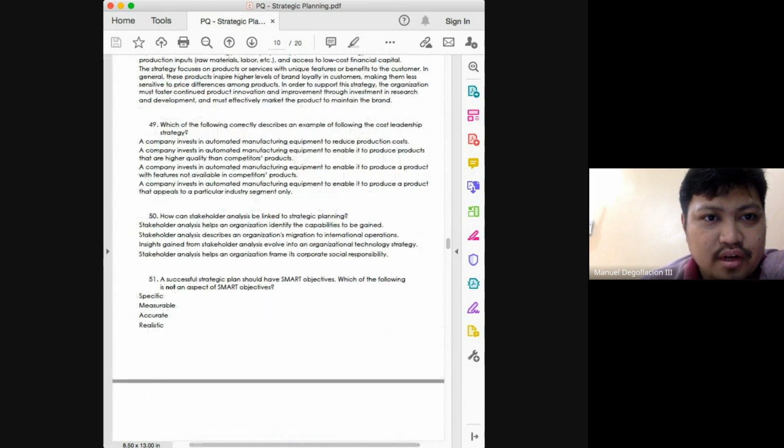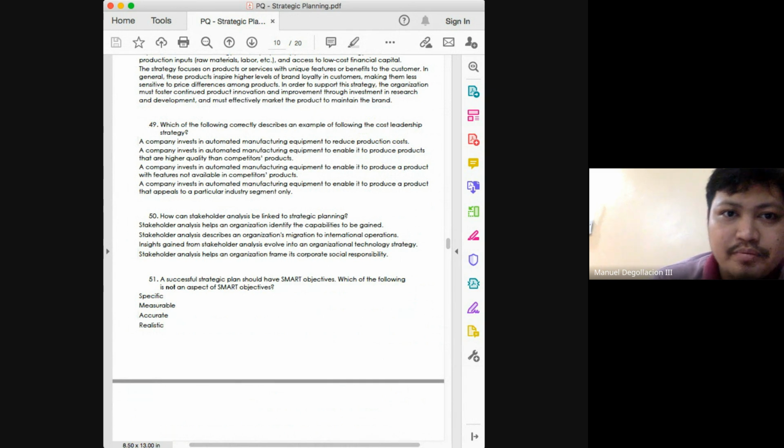Which of the following correctly describes an example of following the cost leadership strategy? A company invests in automated manufacturing equipment to reduce production costs. So this is likely correct as our answer. Next choice, a company invests in automated manufacturing equipment to enable it to produce products that are higher quality than competitors' products.